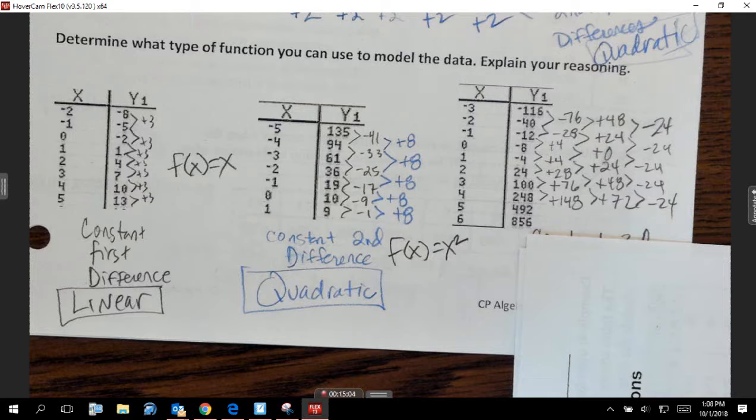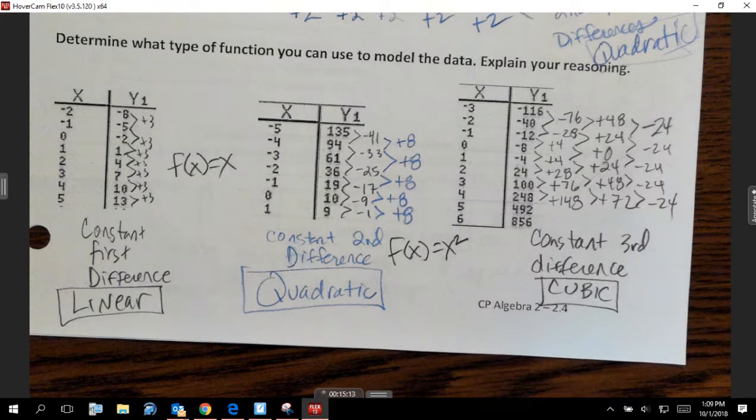Anybody know what it's called? Everybody's afraid to say something wrong. It's called cubic. But that's not what we're studying today, but I thought I'd throw it in there because there's many different ways, many different equations that you can find using this way.